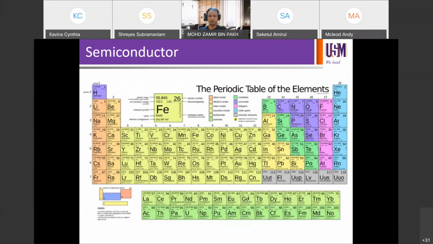So this is the periodic table. If you look at silicon, silicon is in which group? Where do you find silicon on the periodic table? Just to recap, right? Yeah, group 14, right? Group 14 here. Okay, or group 4, we used to call it group 4 as well, group 14 or 4.